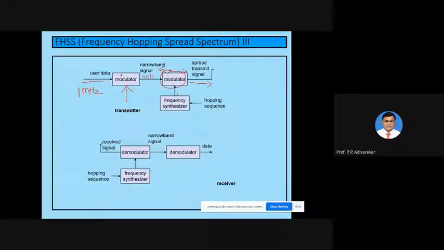Whereas when we talk about the receiver, the below diagram is talking about the receiver.